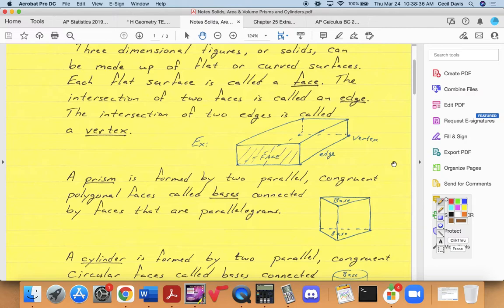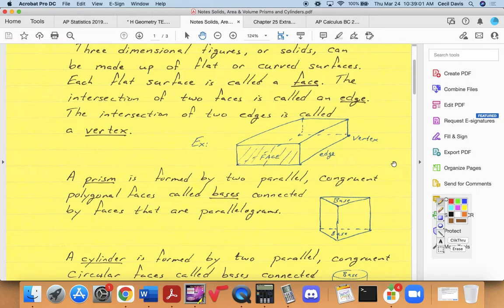If you have a prism and there's something that's not a parallelogram, that's the base. No matter how it's turned or twisted or flipped over or laid on its side, whatever is not a parallelogram is the base. Now, if they're all parallelograms, then we'll just use the top and the bottom as the base.